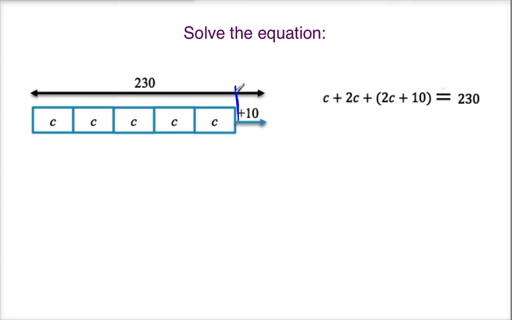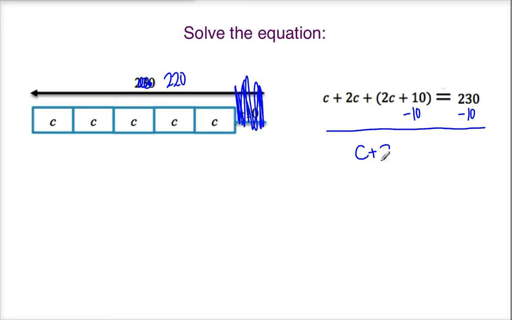So what if I just got rid of 10 on both of them? That means I would take away 10 from 230, meaning 220. So on my equation, it means I would take away 10 on both sides, right? 10 from the expression and 10 from the total. And when I did that, I have C plus 2C plus 2C equals 220.